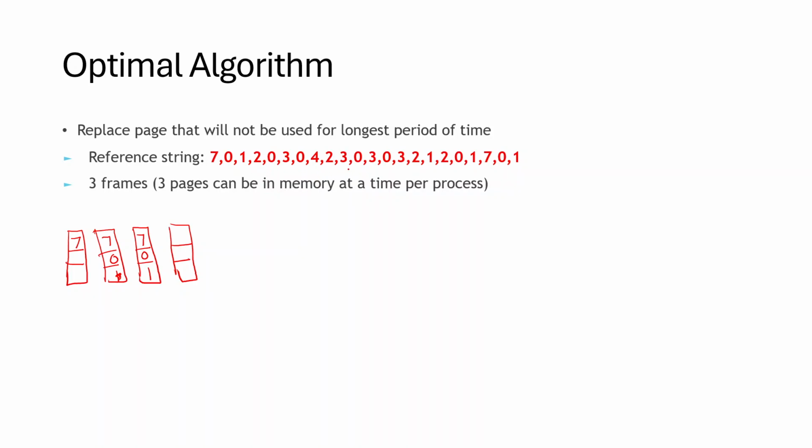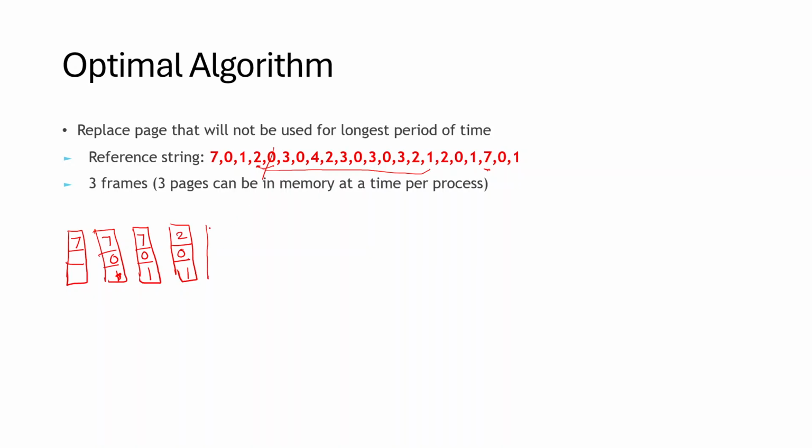On the right hand side, we need to see the distance from 2. 1 is here, 0 is here, but 7 is far away. So 7 cannot be used for a longer period of time. So 7 will be replaced by 2. So 2, 0, 1. Next is 0. 0 is already available. There is no page fault at all.